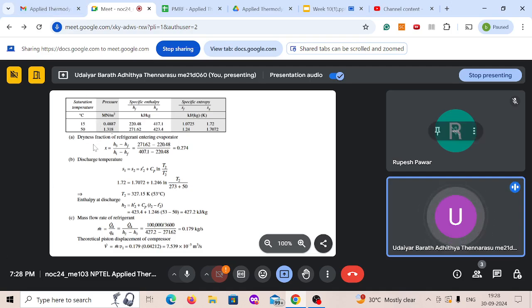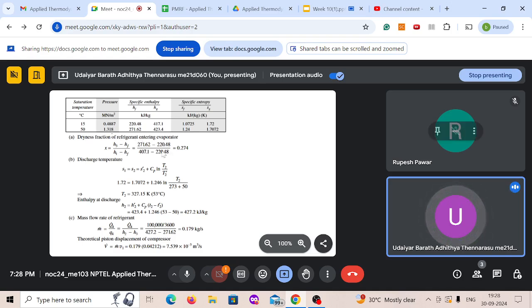So we need to first find out the dryness fraction of refrigerant entering the evaporator. So H3 is the saturated liquid enthalpy at 50 degrees Celsius, which is 271.62. This is equal to H4, the inlet to the evaporator, where it's two phase.